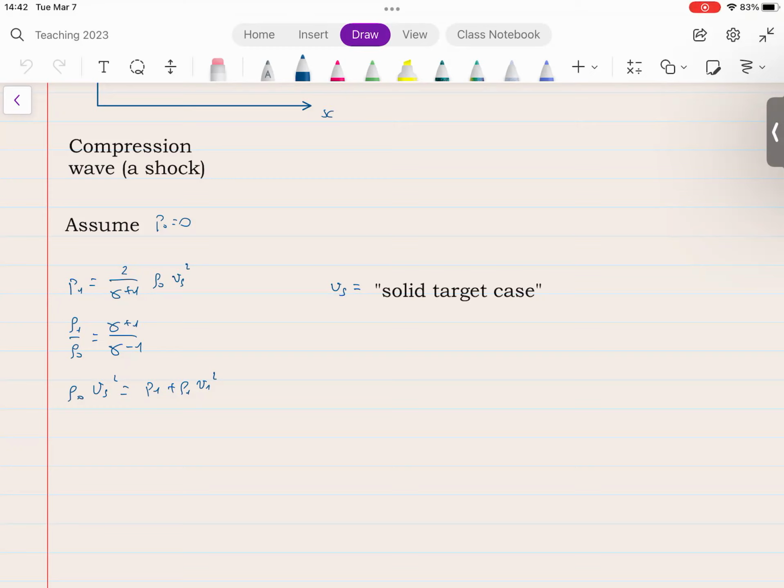Okay, then this gives you a value for the final pressure, and this is well known. It also tells you you're not getting a lot of pressure, because the pressure after the shock is not that high.